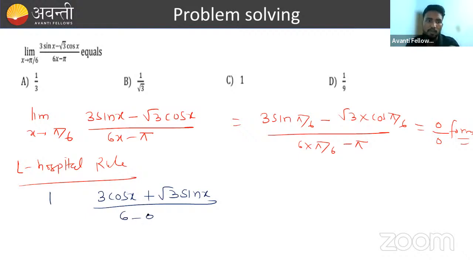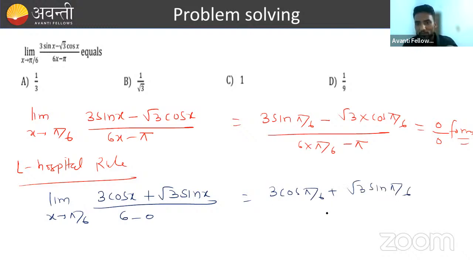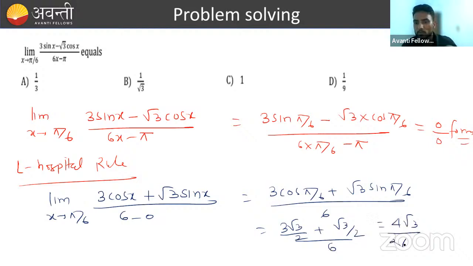Again, now you have to put x tending to pi by 6. After putting pi by 6, what are you going to get? 3 cos pi by 6 plus root 3 sin pi by 6 divided by 6. So this is 3 root 3 by 2 plus root 3 by 2 divided by 6. So you are going to get 4 root 3 by 2 into 6.